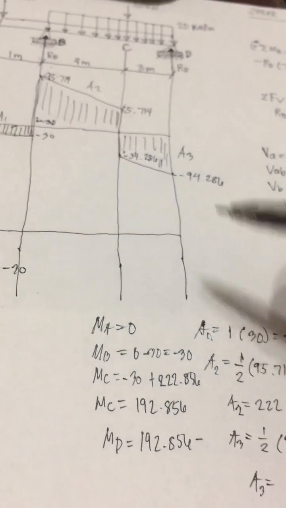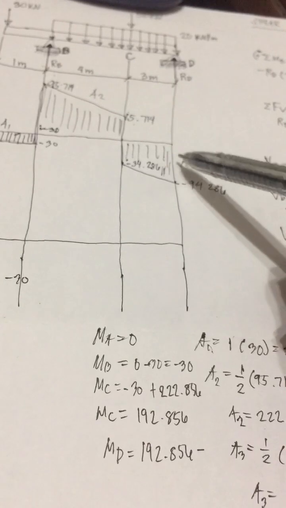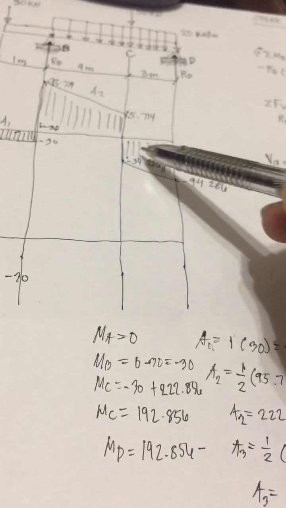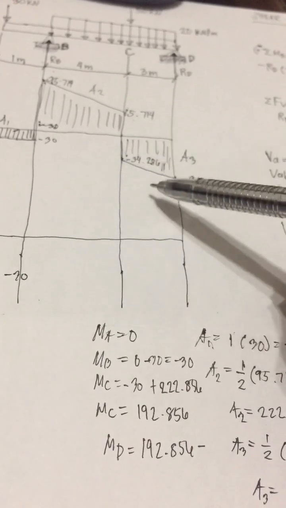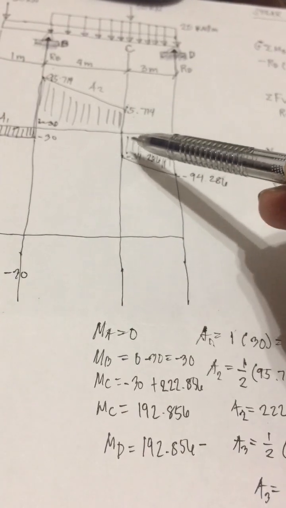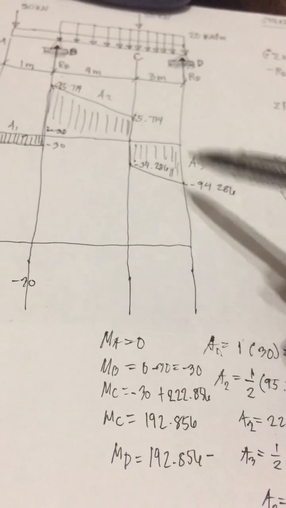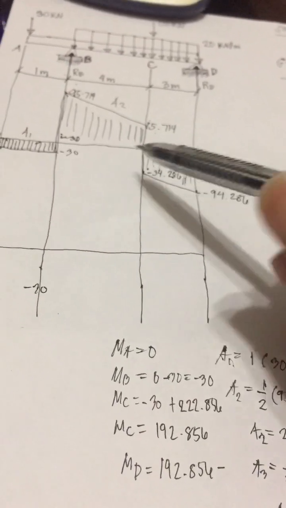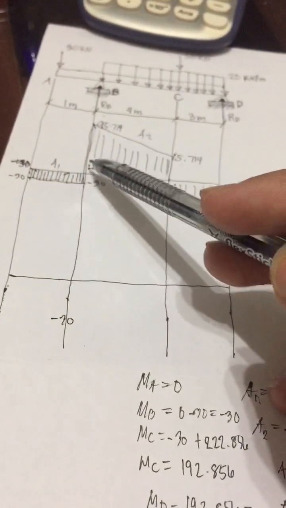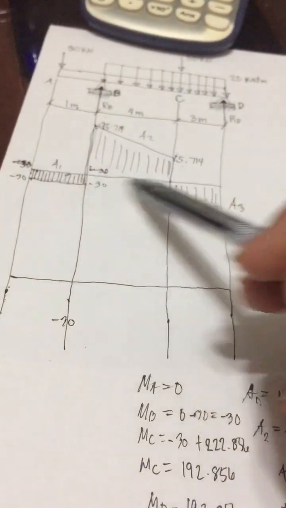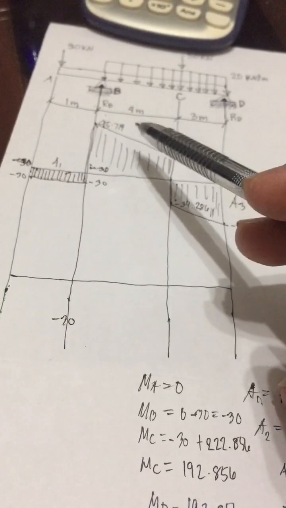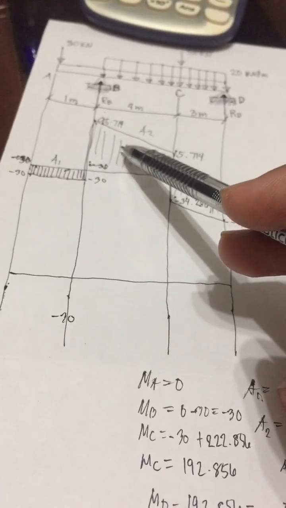It is minus because the area is going downward, unlike the area of 2, which is upward, since it is at the top.